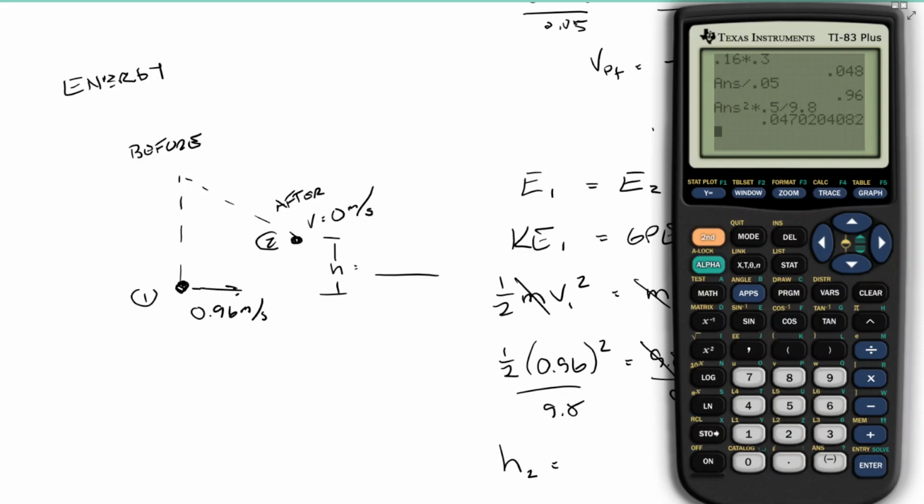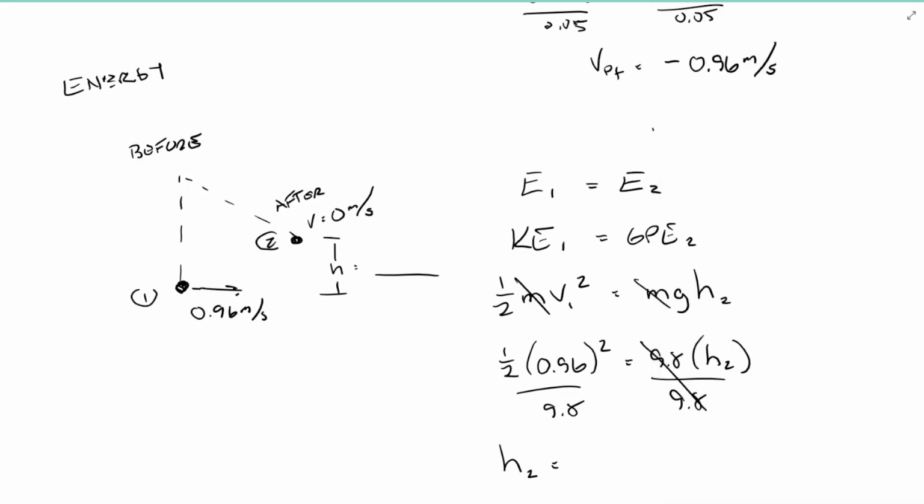We should find that the height is 0.047. We've been in meters, kilograms, and seconds, so this should give us meters. It might be more reasonable to convert that to a useful number like centimeters. So I can convert and say that this is equal to 4.7 centimeters of height change.